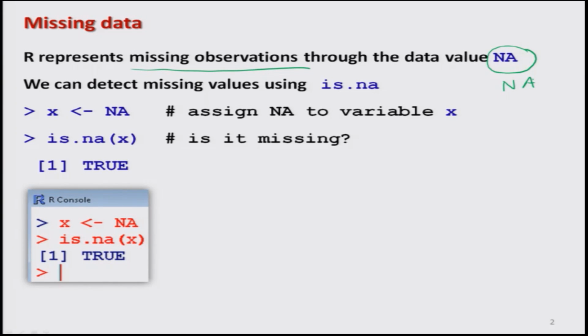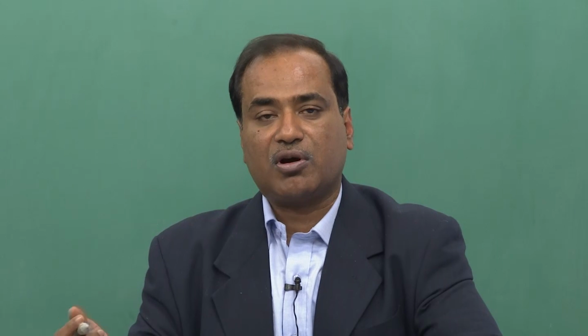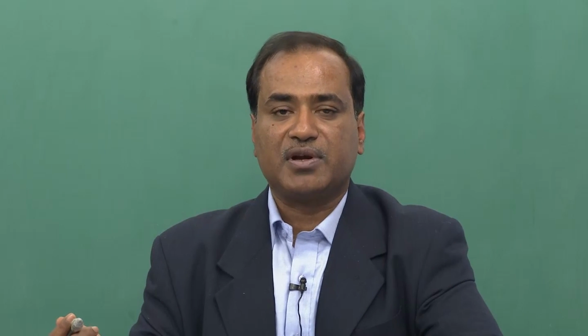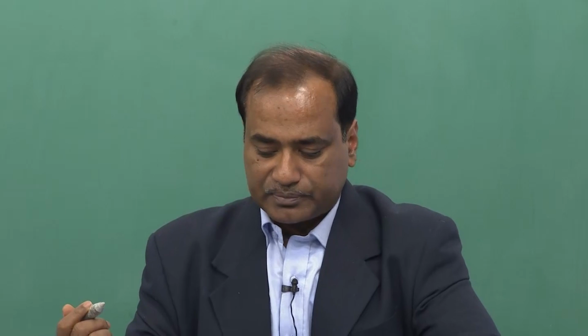For that, in R we have a command which is is.na, is dot not available, and then inside the bracket we give the name of the data set or the name of the variable in which the data set is contained, right.